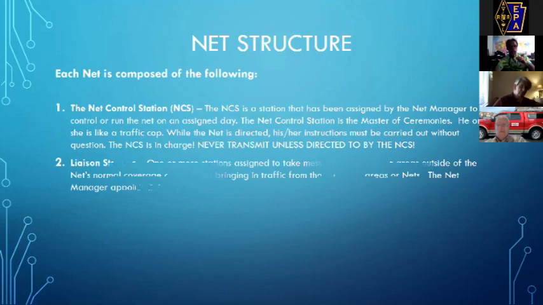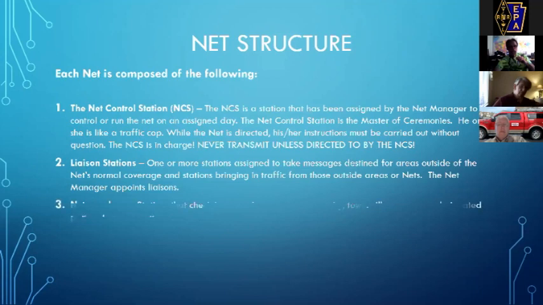For instance, from the East PA section net, we have liaison to the third region net, which is a wider coverage area net, and we have traffic going out to that region and coming in from there. Also, from the region net, we have liaisons that take traffic up to the area nets. The net manager appoints the liaisons for each net.